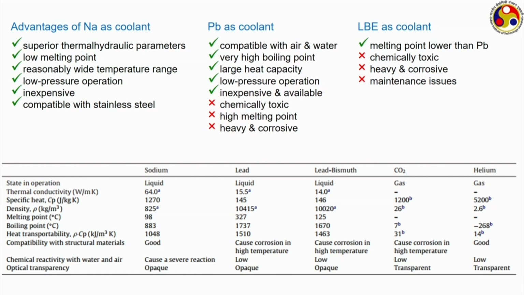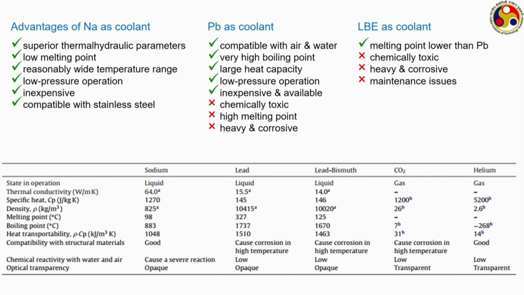Then there have been maintenance issues. LBE has not been used in power reactors so far, but there are a couple of examples where LBE has been used as the coolant in nuclear powered submarines, Russian submarines, and in both cases maintenance issues were found.